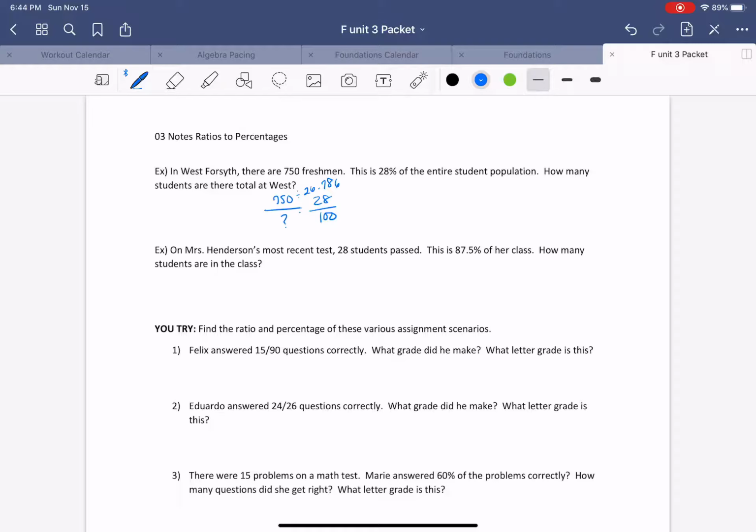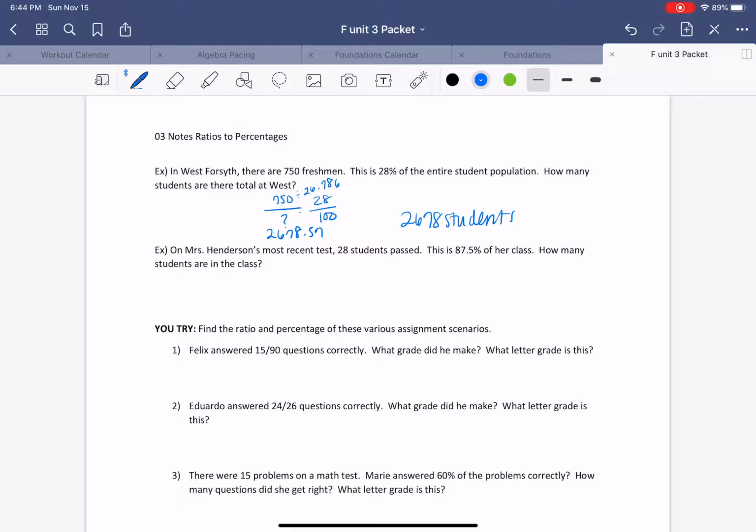So I've got to multiply 100 by that number, and I'll get 2678.57. You can't have that many students, so we'll round to 2,678 students.